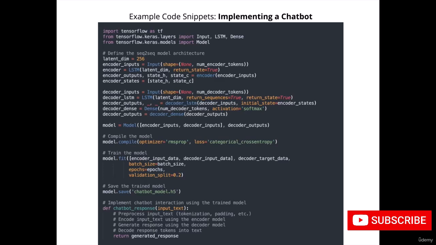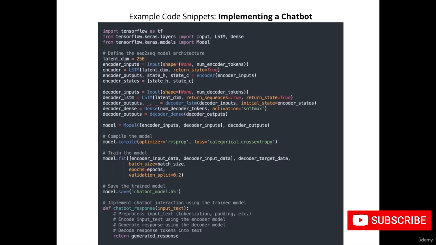Decoder_outputs, comma, underscore, underscore, we don't need these, so that's why these are underscores, equal to decoder_lstm, decoder_inputs, and initial_state equal to encoder_states. Now decoder_dense is a dense layer we create using the Dense function by passing it the number of decoder tokens and activation equal to softmax. Decoder_outputs, we call the decoder_dense function and pass it the decoder output that we get. Then we call the Model function and pass it the encoder_inputs and decoder_inputs in an array, and then the next parameter of decoder_outputs.